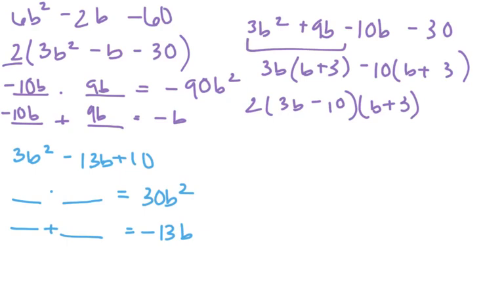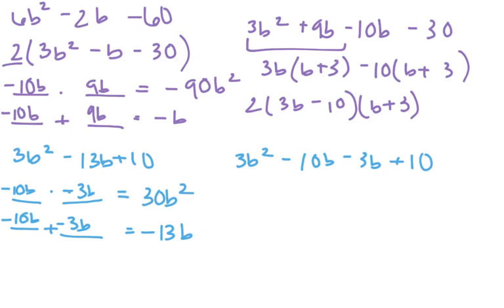Well, it's got to multiply to a positive, but add to a negative. So we know they both need to be negative. So that's how I know it's going to be negative 10b and negative 3b. So then again, we do our factoring thing. I do grouping: 3b squared minus 10b minus 3b plus 10. Again, order doesn't matter for the middle terms.